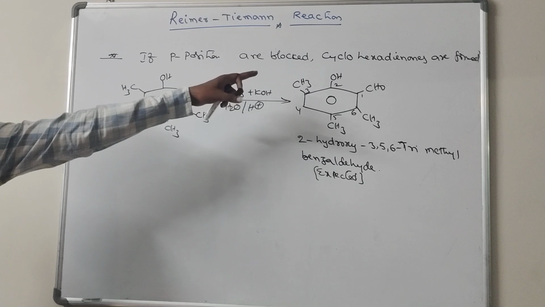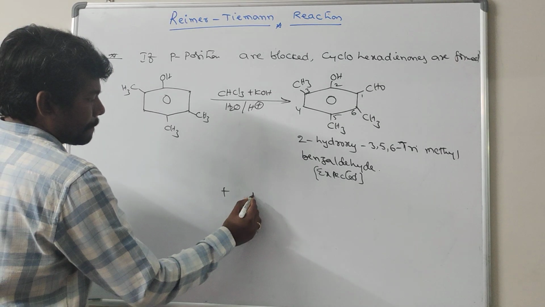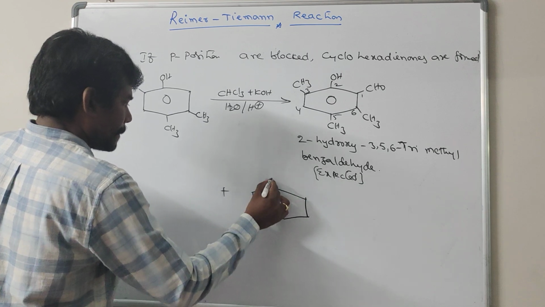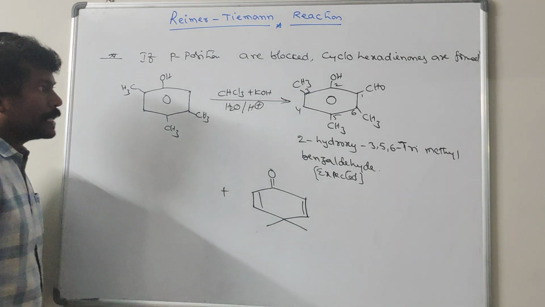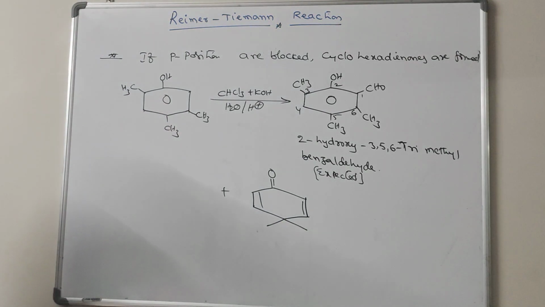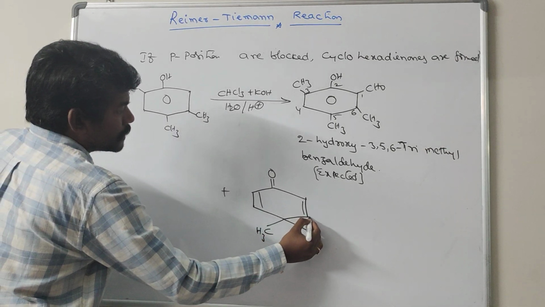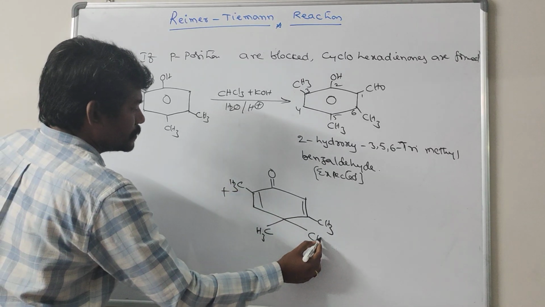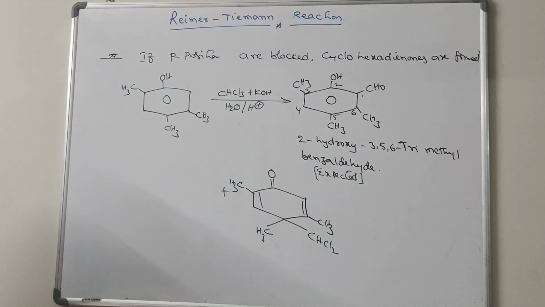The unexpected product is cyclohexadienone, like this. CH3, here CH3, and here also CH3, and CHCl2.